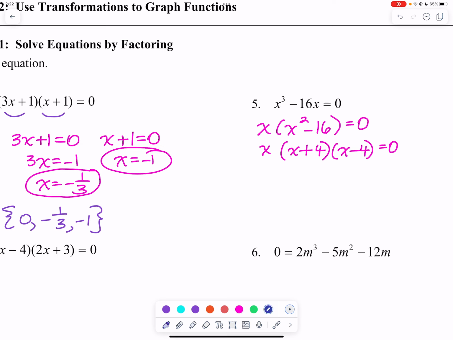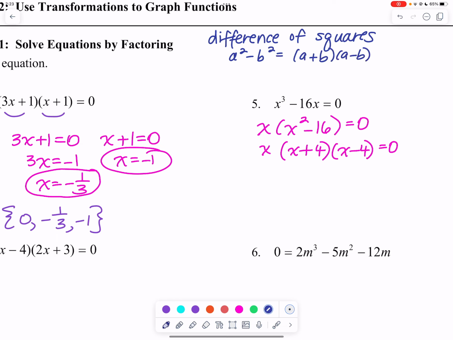So let's go ahead and write what a difference of squares is at the top here. Basically it says that a squared minus b squared is equal to a plus b multiplied by a minus b.